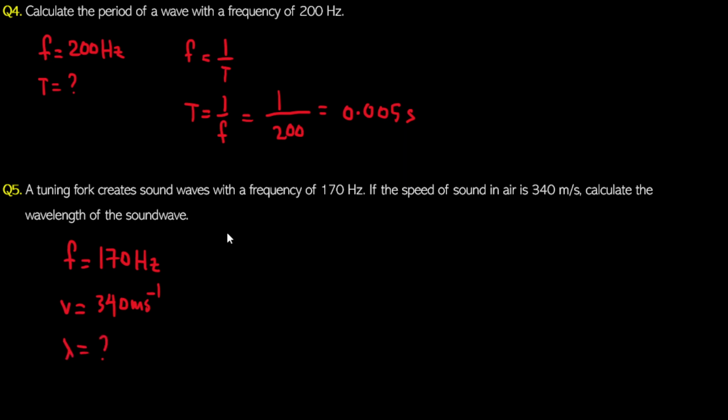The formula that you should use is v equals f lambda, and if you want wavelength, rearrange the equation: lambda equals v over f. You are still going to get marks for writing this down, so in exam, please don't be lazy. Your velocity now is 340 meters per second, and the frequency is 170 Hz. So this will be 2, and since this is wavelength, your unit would be meters.